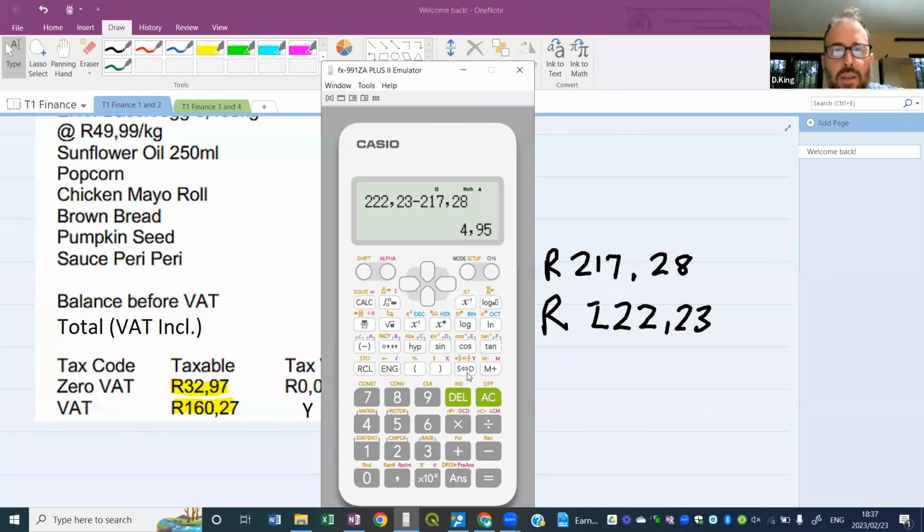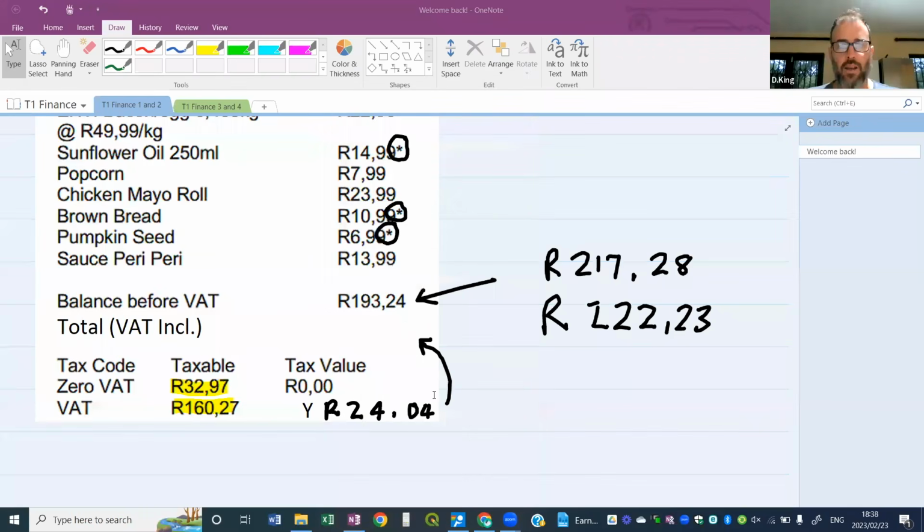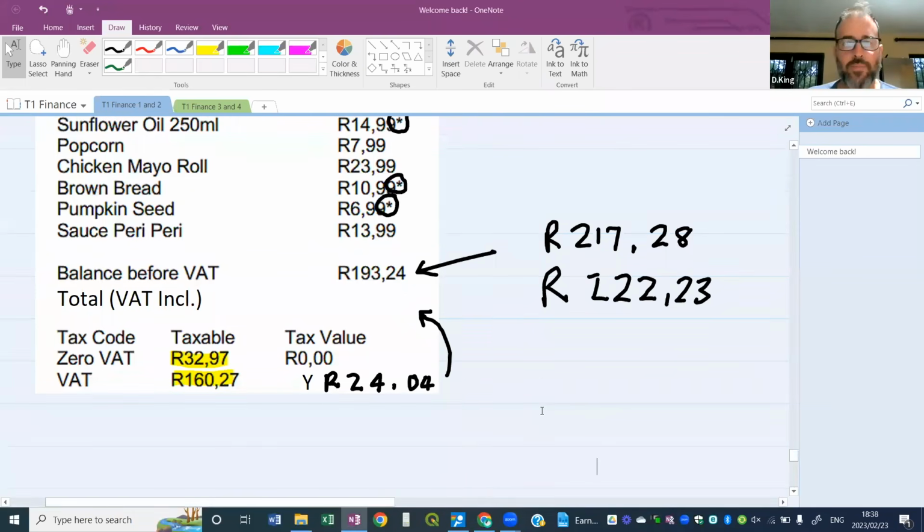The government wants people to only buy basic food things. So that's the whole idea behind this. Okay, so we're just interrogating an invoice and checking the zero VAT rated versus the non-zero VAT rated. All right, let's move on.